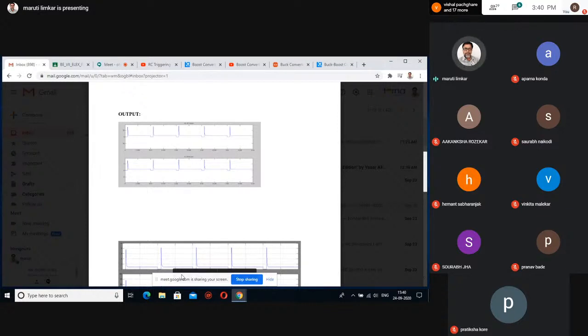UJT relaxation oscillator, you can do by Multisim also, or this R triggering, RC triggering. SCR is not there, so that's why it's difficult to do using that. So this also you can do by Multisim. There is no problem. But if the college has started, then we'll do it on a breadboard.